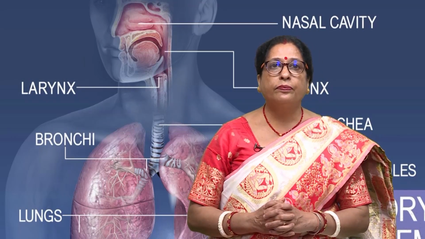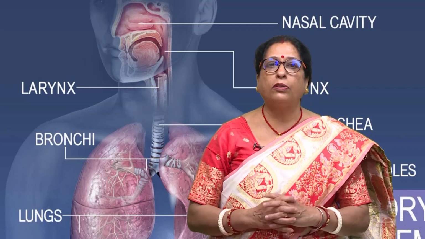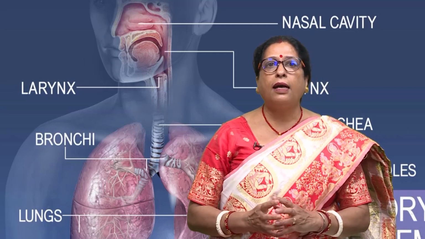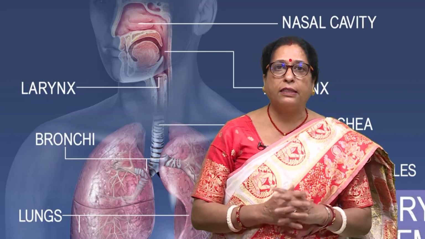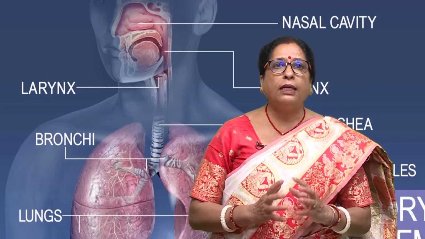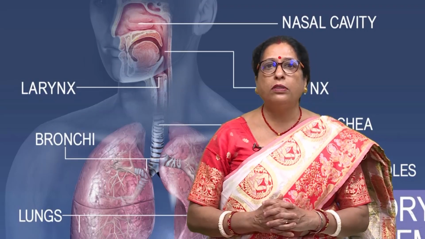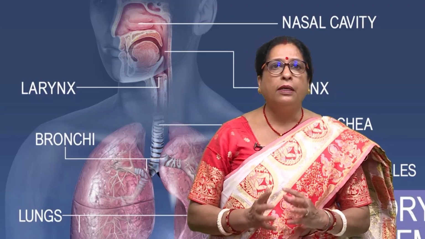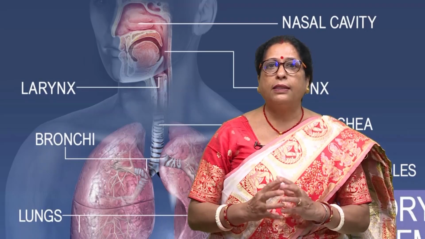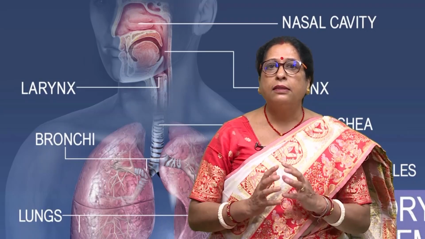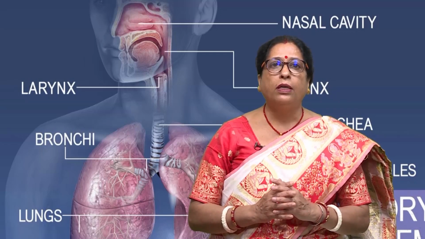Larynx. Let us talk about the larynx, the last part of the upper respiratory tract we will discuss. We know the larynx as the voice box because without it we would not be able to talk. But the larynx does much more.